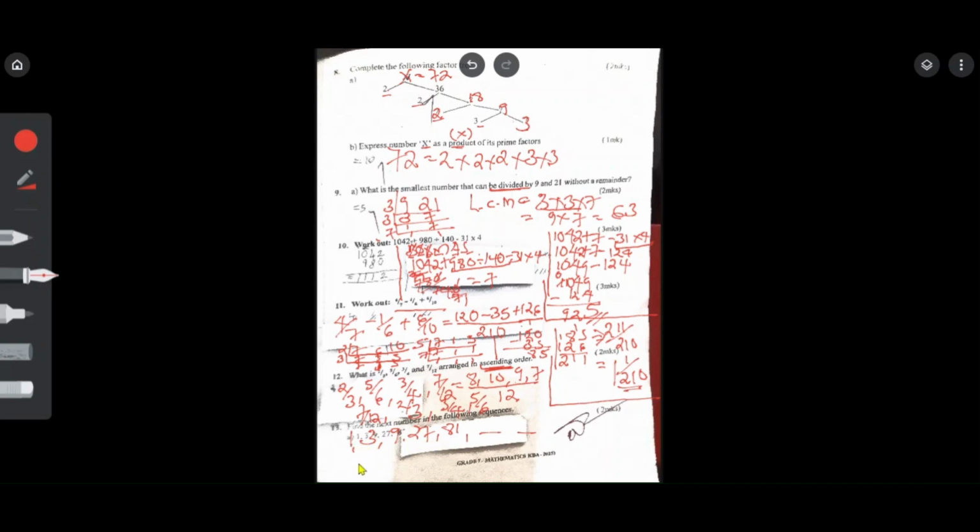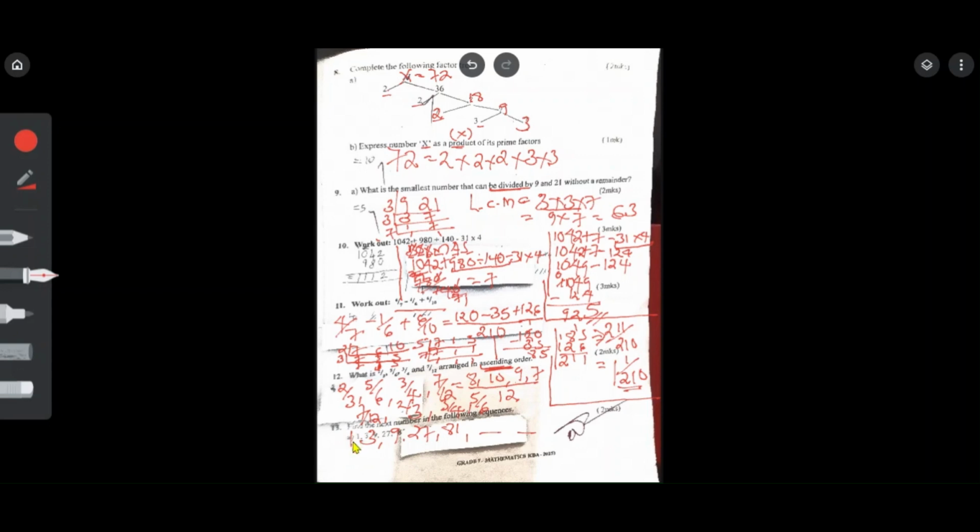Here we have 1, 3, 9, 27, 81. You can have a clue. Of course, you cannot say they keep on adding 2, because that only happens to the other one. You see that the conclusion here is that they multiply the previous number by 3.